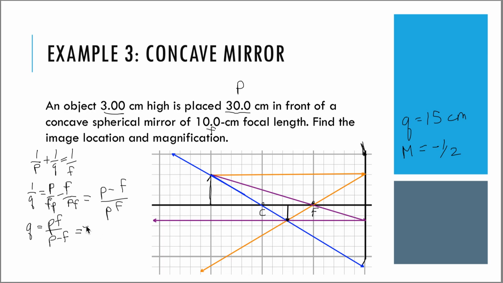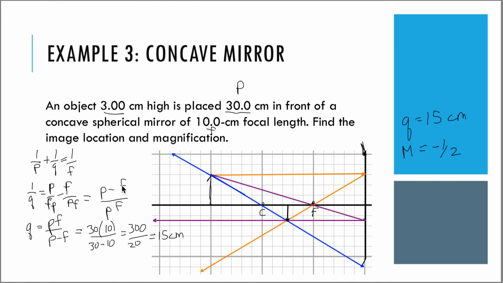So we're going to multiply 30 times 10, and we're going to divide by 30 minus 10. So you can see that you get 300 over 20, which is equal to 15. So you see how the ray diagram gives us the same thing as the mirror equation.